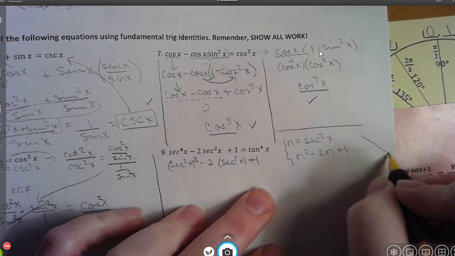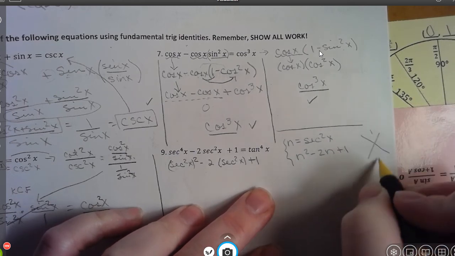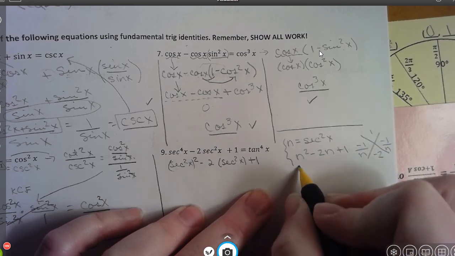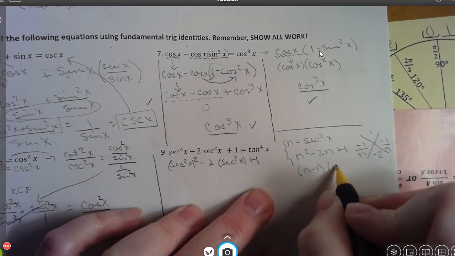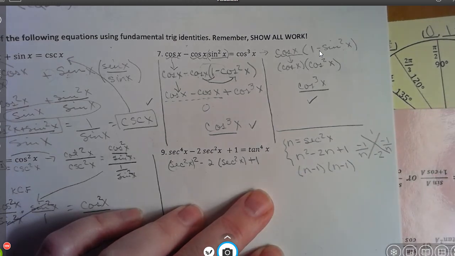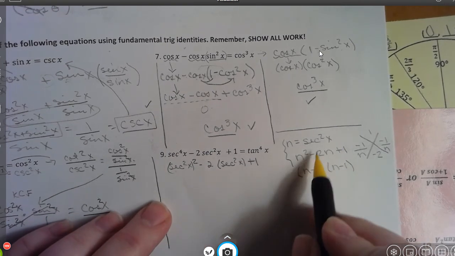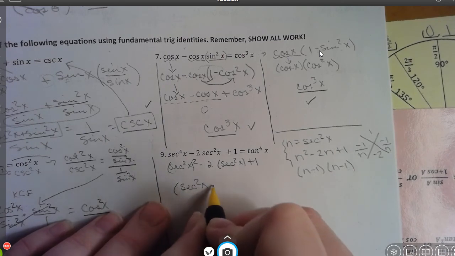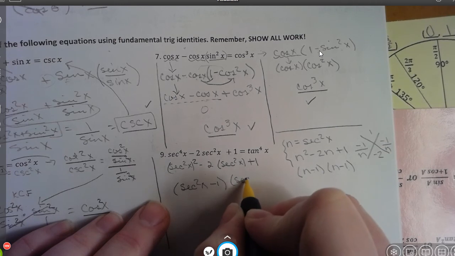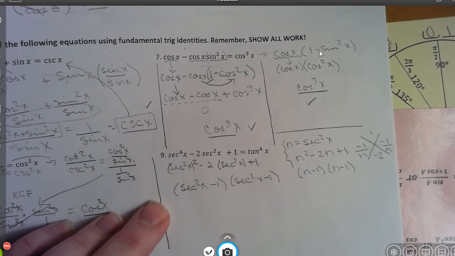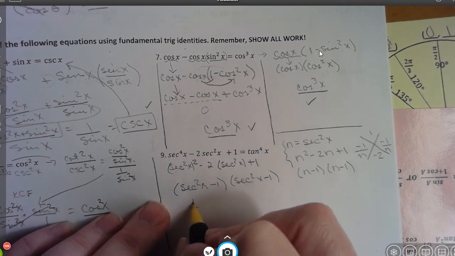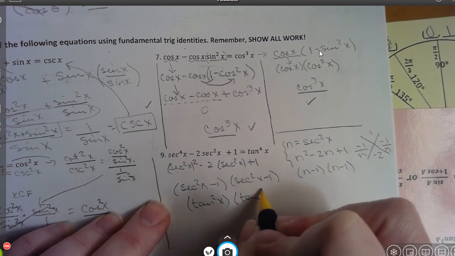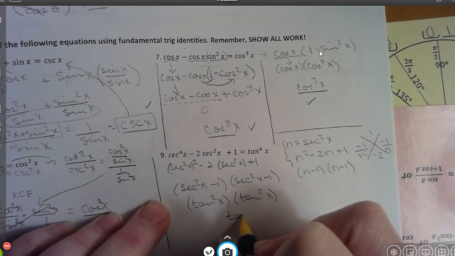And if I factor this and set up a diamond, I'm going to have 1 on top, negative 2 on the bottom, negative 1 over negative 1. So this is n minus 1 times n minus 1, or n minus 1 squared. All right, so if I have an n minus 1 and n is secant squared x, that means what I have is secant squared x minus 1 times secant squared x minus 1. And secant squared x minus 1 is tangent squared x. Which is tangent to the fourth x.